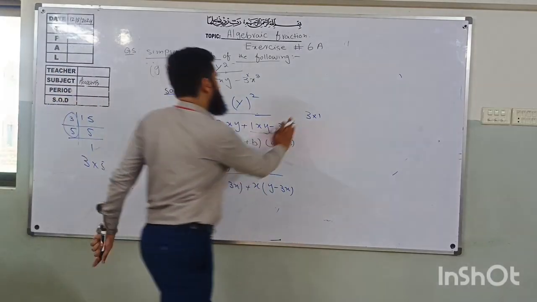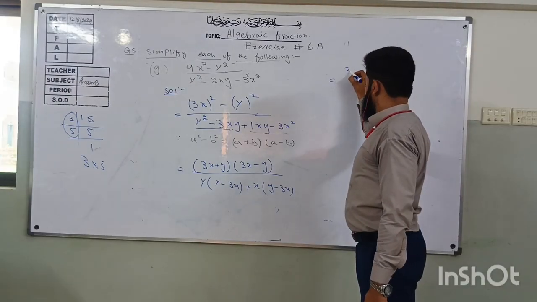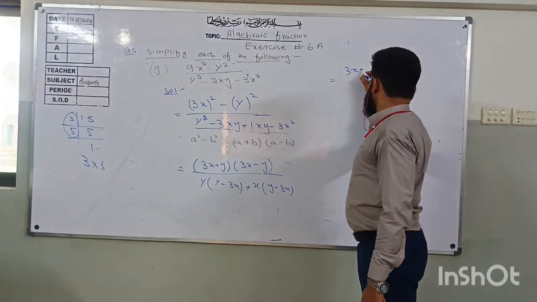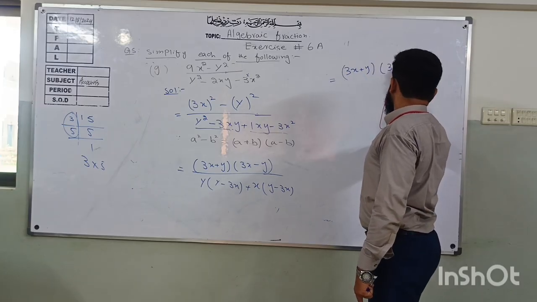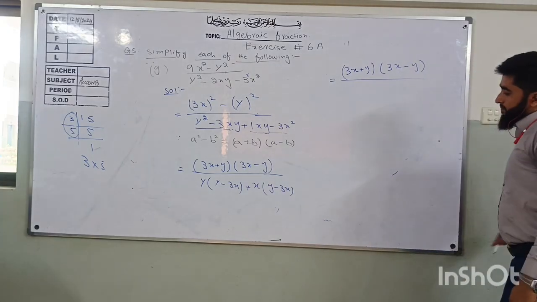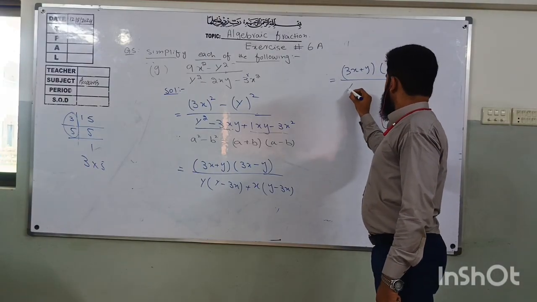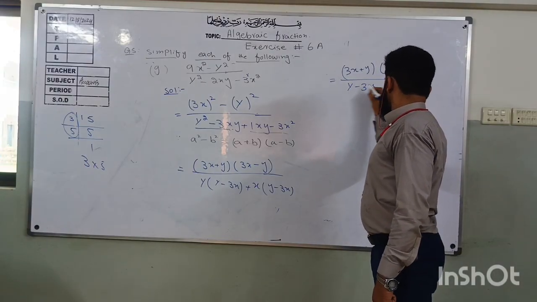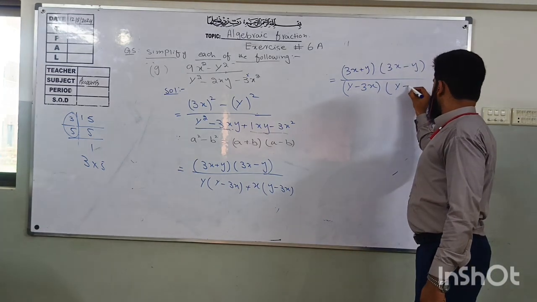Now next step, numerator as it is, 3x plus y and 3x minus y. Okay, in this case we will take y minus 3x common again, remaining is y plus x.